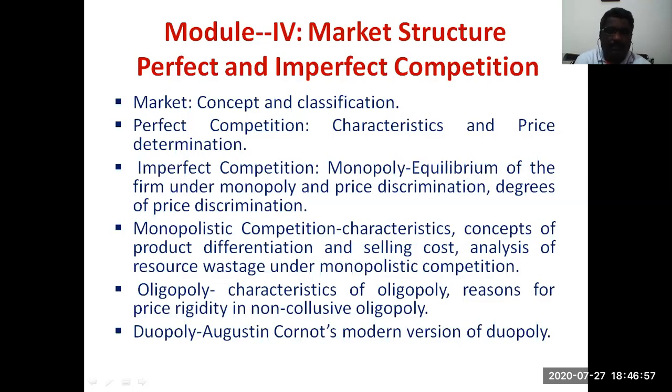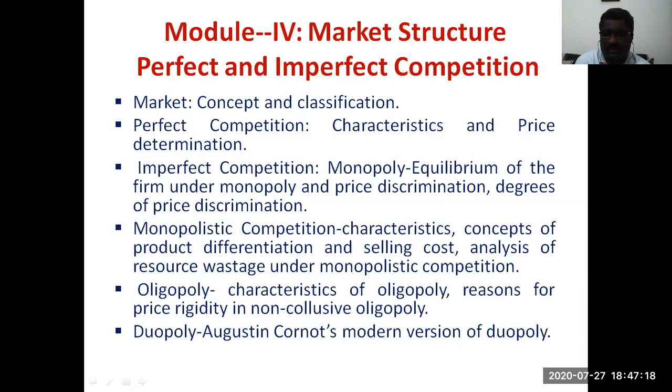And the last topic in this module is duopoly. In this duopoly, there are 2, 3 or 4 types of models, but we have to study only Augustin Cournot's model of duopoly only.